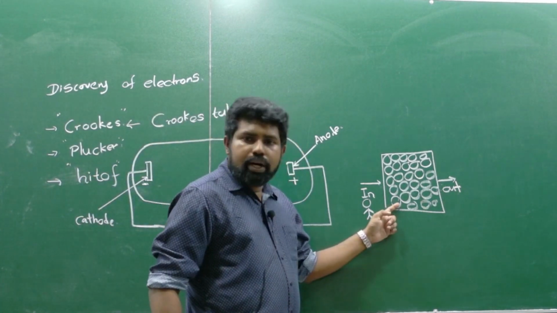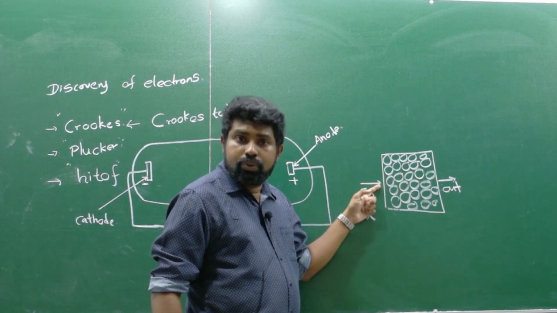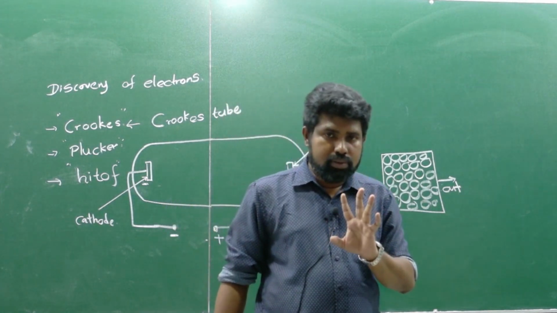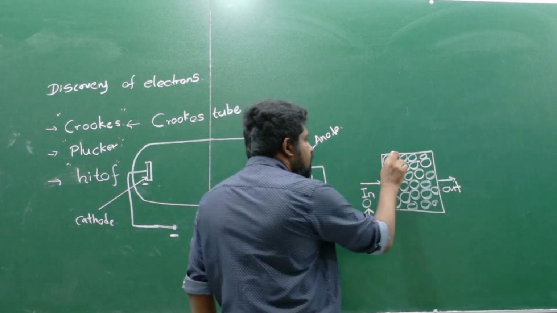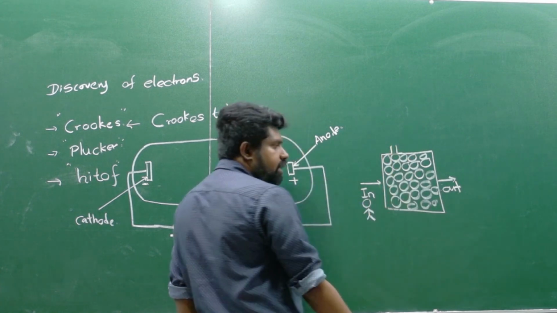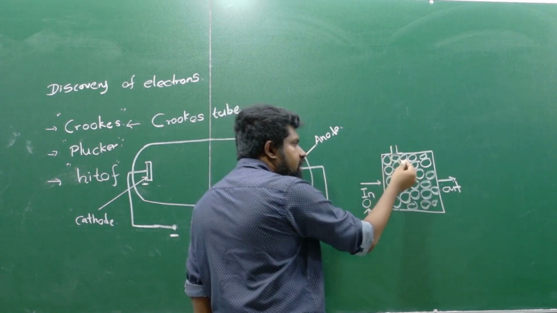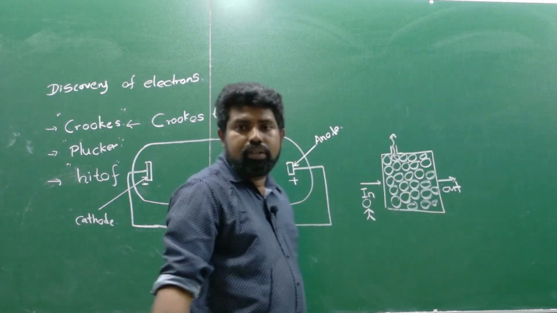If we want to pass this man from this end to the other end through this room, we can do two things. One thing is, we can open another door from the side of that room and let some of the people exit out of this room.